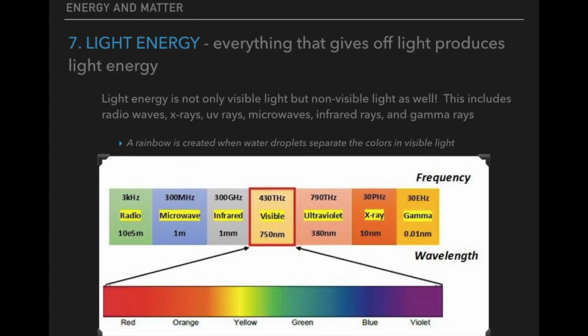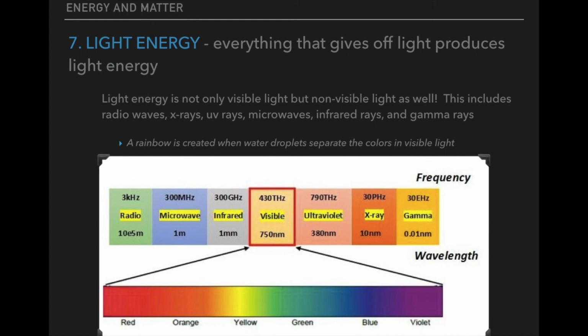Light energy. So basically anything that gives off light produces light energy. Now remember, light energy isn't just visible light, not just what you see. Different things give off different forms of light energy, or different wavelengths of energy. So we have ultraviolet light, X-rays, gamma rays, and then on the other end of the spectrum, infrared, microwave, and radio waves.